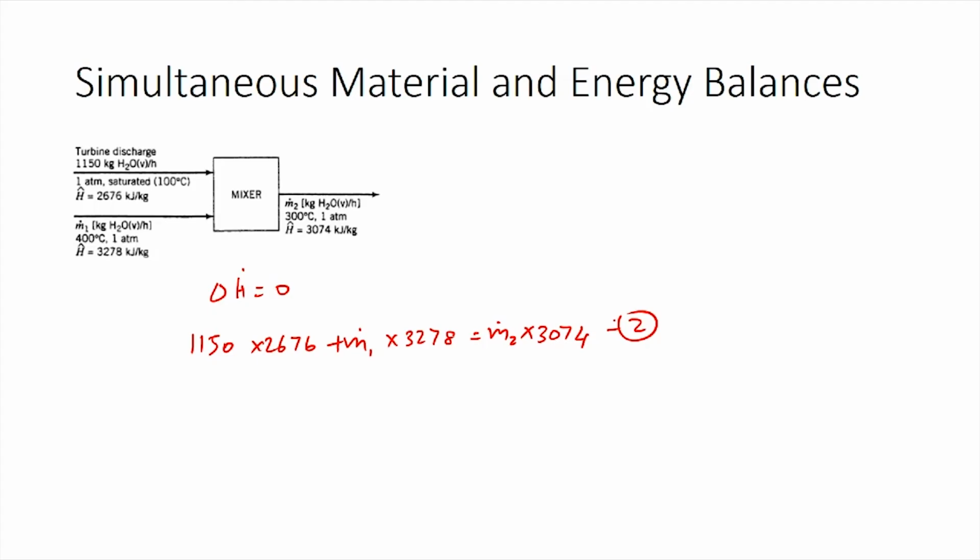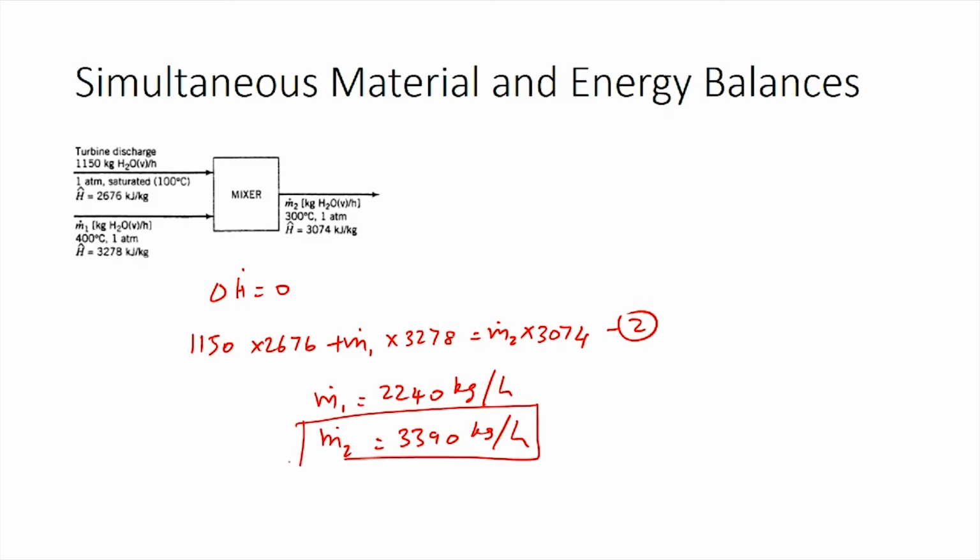Using the material balance and this equation, we can solve them simultaneously to get m1 dot and m2 dot. So, m1 dot is 2240 kilograms per hour and m2 dot is 3390 kilograms per hour. m2 dot is the mass of the final superheated steam produced from the mixer. So, 3390 kilograms per hour of superheated steam at 300 degrees Celsius is produced from this mixer.